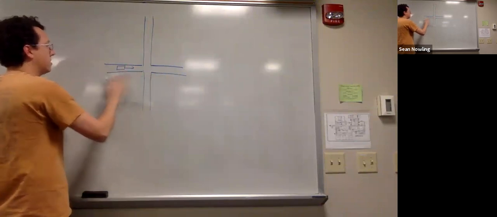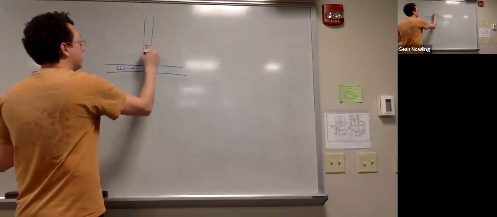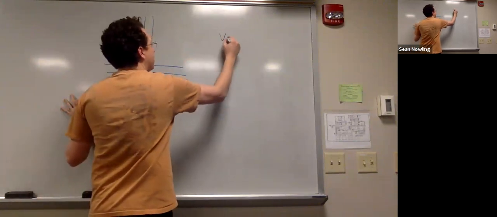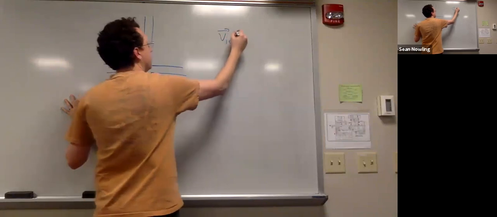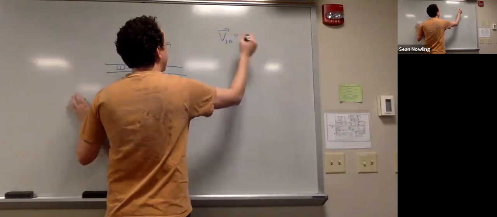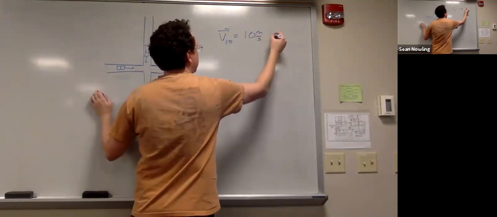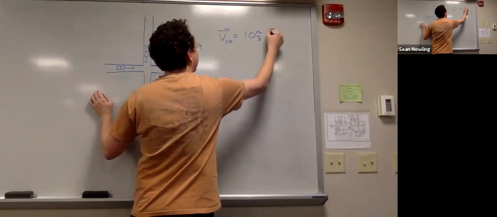Label this car 1, and over here I'm going to have car 2. So I'm going to say that V initial for car 1 equals 10 meters per second to the right. So that would be x hat.